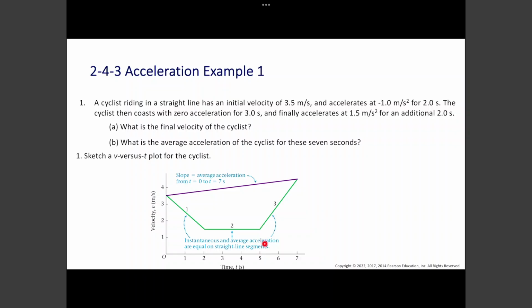Then in the final 2 seconds he is accelerating at 1.5 meters per second squared, a positive value, so the velocity is increasing. Each interval of constant acceleration is represented by a straight line of the appropriate slope. The line connecting the initial and final points determines the average acceleration.